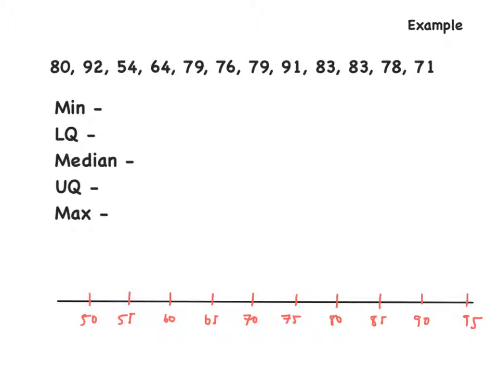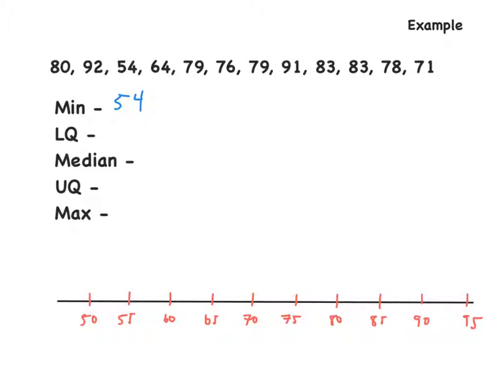Okay, so we have the points 80, 92, 54, 64, 79, 76, 79, 91, 83, 83, 78, and 71. We need the minimum, lower quartile, median, upper quartile, and the max. To save some time, I have found those already.